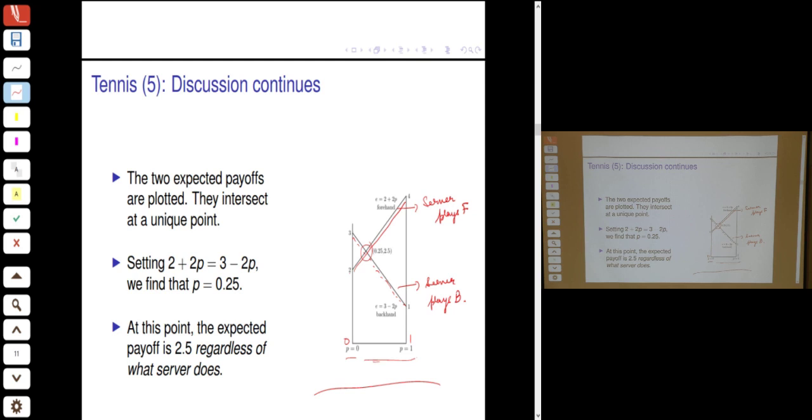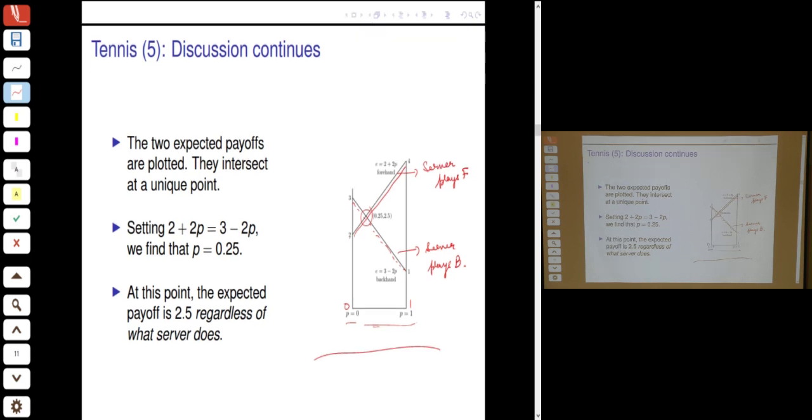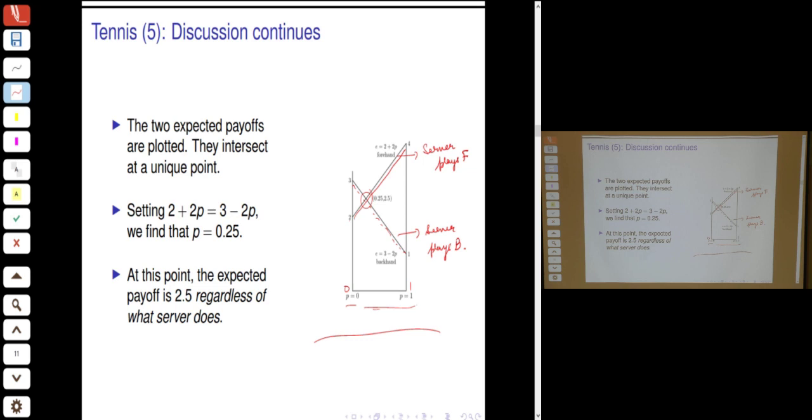And now let us see why, in terms of the mathematics also, it's a very useful value of p to have. So, let us first solve for the intersection. What is this intersection value? What is the value of p? Let's call it p star, which gives you the intersection.